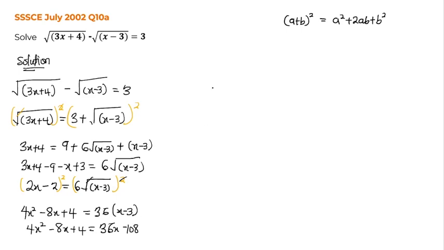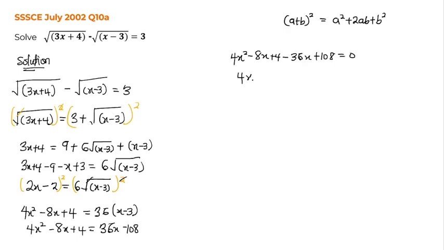Alright, so from here I have 4x squared minus 8x plus 4 minus 36x plus 108 is equal to 0.